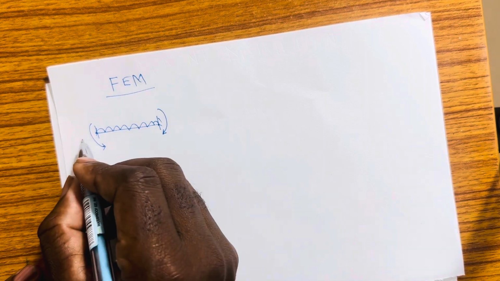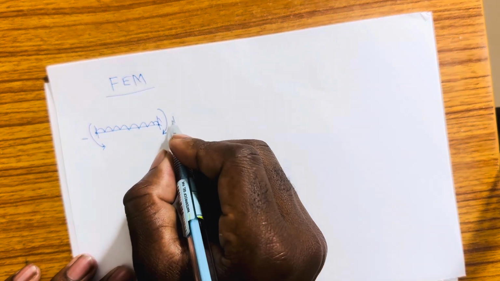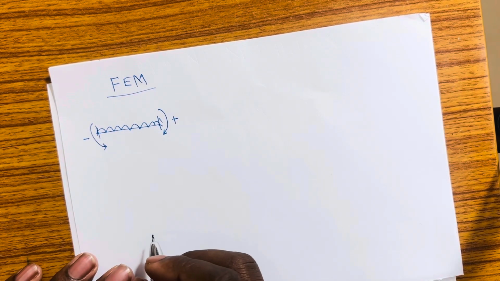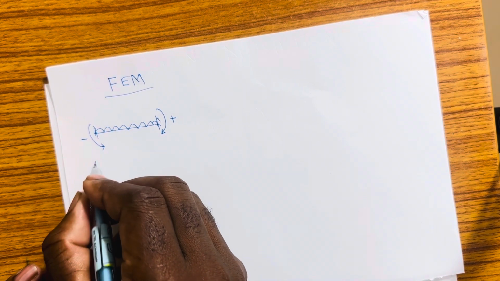Okay? The sign convention is that the one which is moving anti-clockwise is taken as negative, and the one which is moving clockwise is taken as positive. Okay? So let us go and get fixed end moment. Allow me to change this.